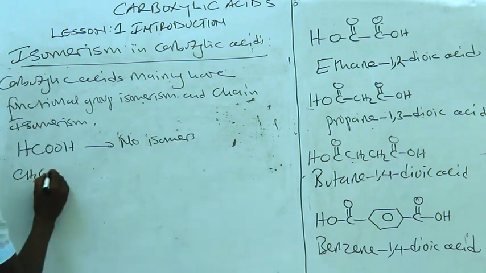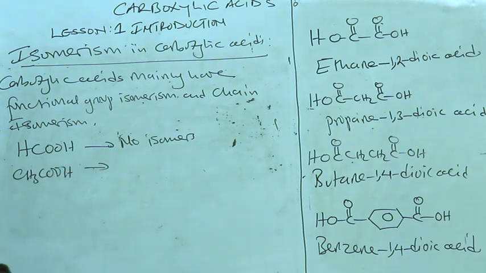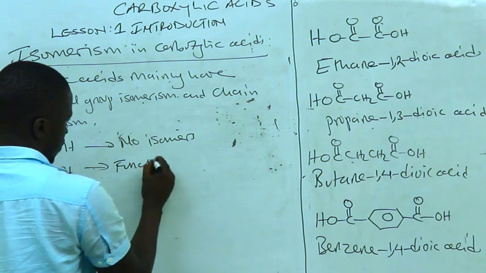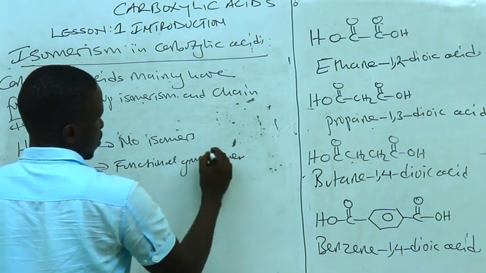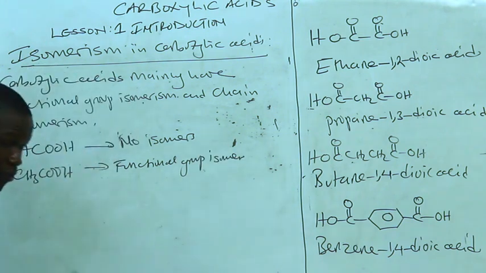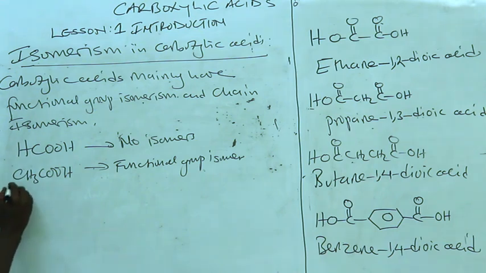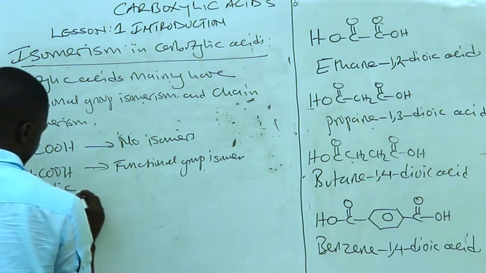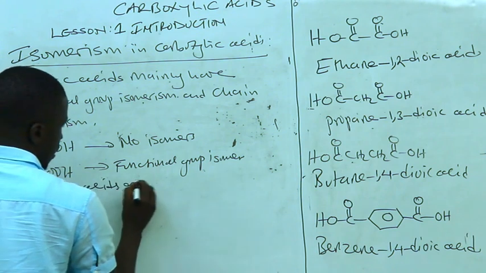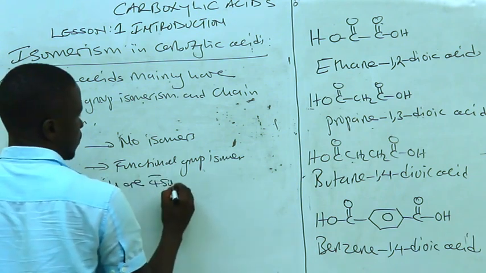But ethanoic acid has a functional group isomer. We can arrange this. This one has a functional group isomer. And in this case, we can say carboxylic acids, because now methanoic acid is not part, carboxylic acids are isomers.